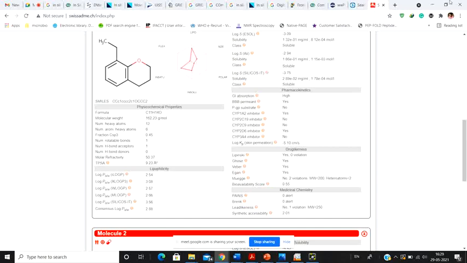Okay, and after that, will it be BBB permeant? What is BBB? BBB is the blood-brain barrier permeant. We know that to prevent the encroachment of any molecule into the brain, we have a blood-brain barrier just at the stem of our, or just beneath our cranium.